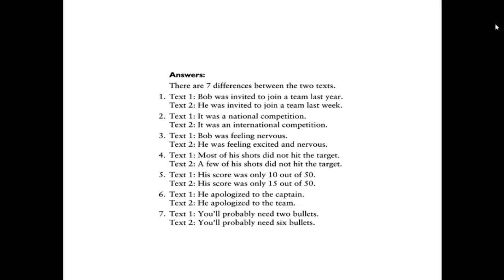4. In text number 1, most of his shots didn't hit the target, and in the second one, a few of his shots didn't hit the target. The 5th difference is, in text number 1, his score was only just 10 out of 50. In the second text, his score was only 15 out of 50. Number 6.